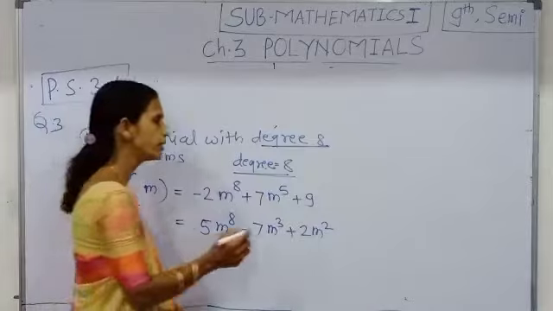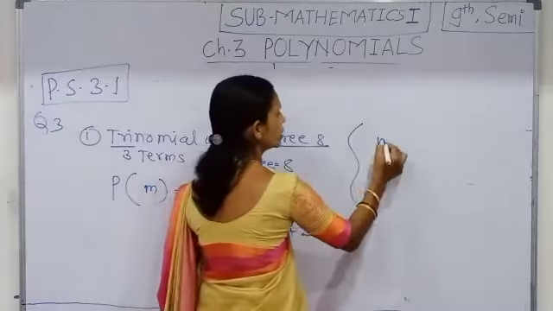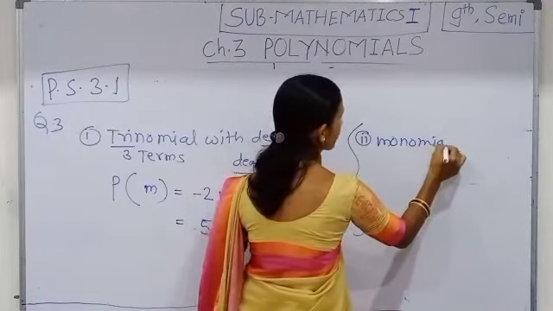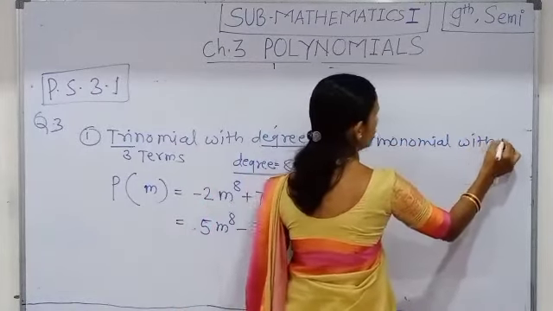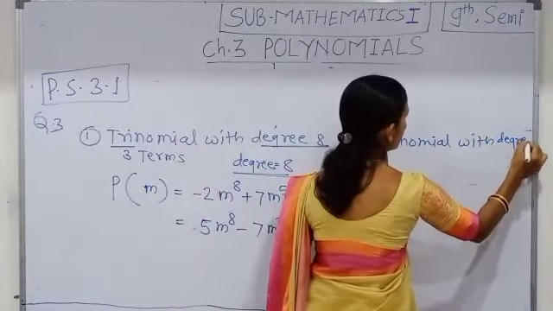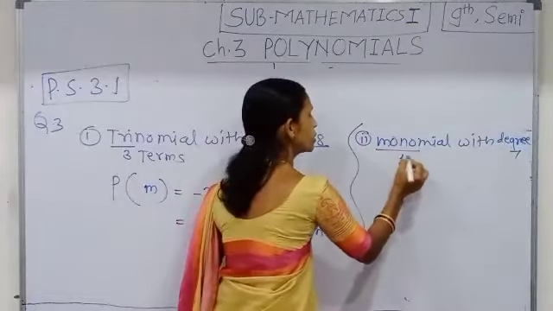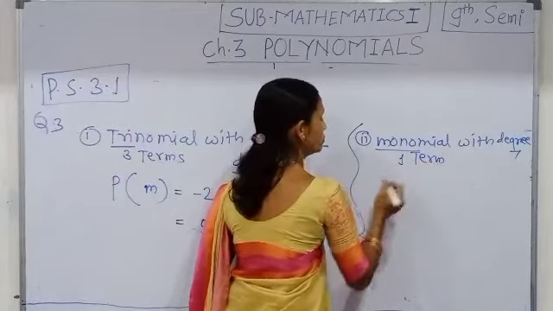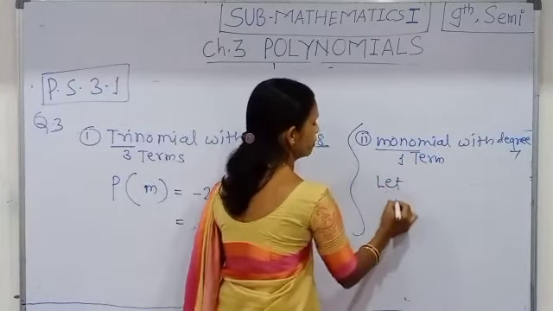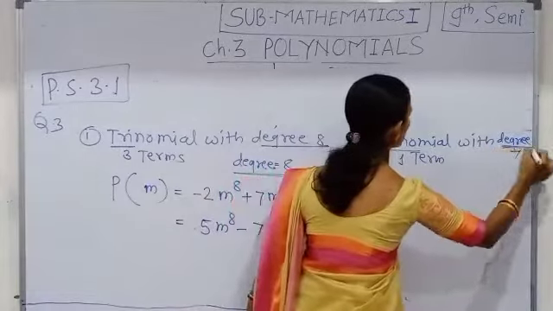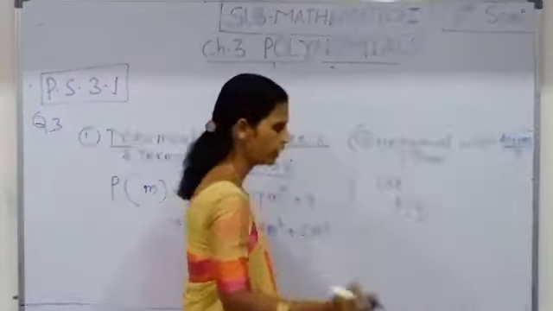Then one more, that is a monomial with degree 7. See here, monomial means which contains only one term. Let us consider a polynomial in y variable, and the degree of that polynomial should be 7.